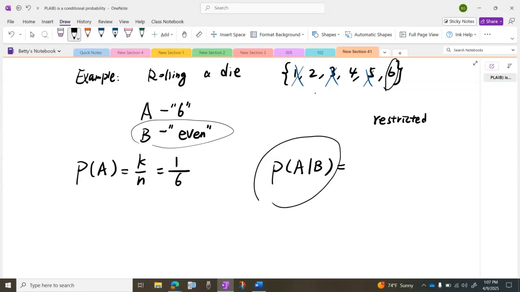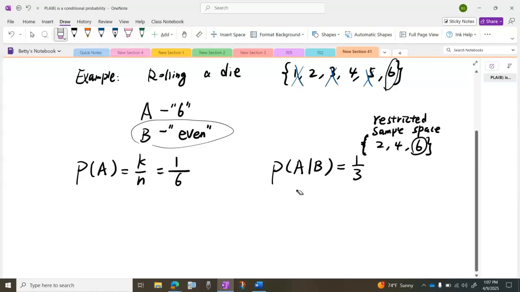The restricted sample space is smaller. Since we already know B occurred, we already know the number is even. Of course, we will not consider 1 or 3 or 5. We would only consider 2, 4, or 6. And among 2, 4, or 6, the chance of getting number 6 is 1/3.